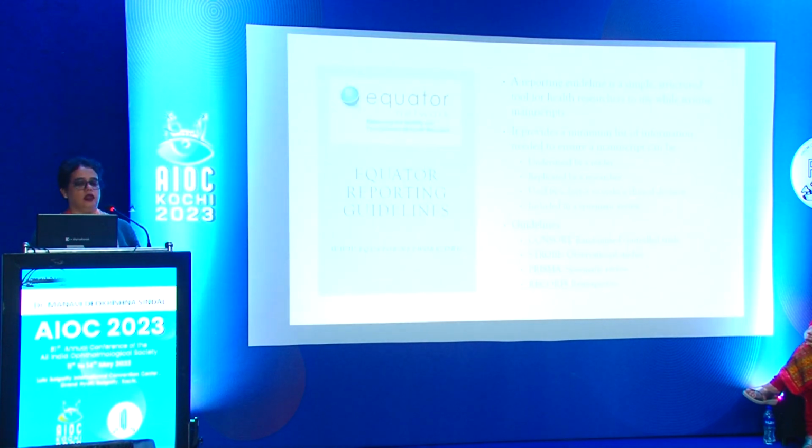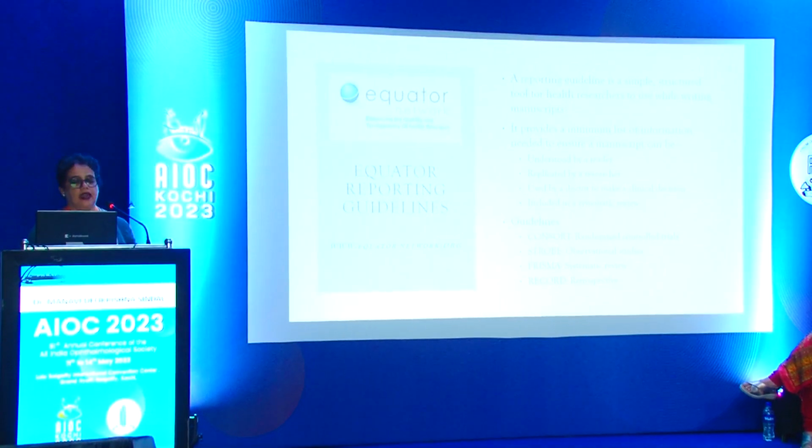You have the Equator reporting guidelines, for which case reports Dr. Chaitra just spoke about. So a reporting guideline is a simple structured tool for health researchers to use while writing manuscripts. It provides a minimum list of information that is required so that the manuscript is understood by a reader, can be replicated by another researcher, can be used by a doctor to make a clinical decision, and can be included in a systematic review.